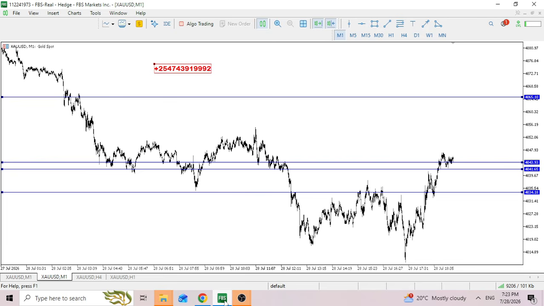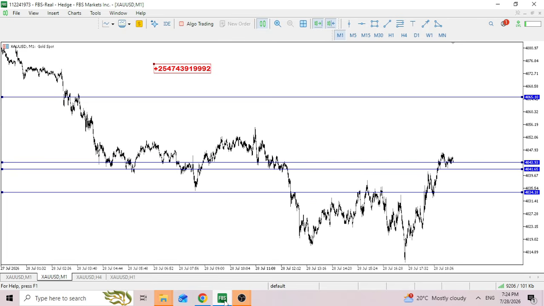Do you know how to calculate, after a day has closed, and let's say someone asks, in the last 24 hours what is the percentage change for gold? That is what we are going to learn today. You can calculate percentage change for even the least I tell people to calculate, which is the 4-hour candle.